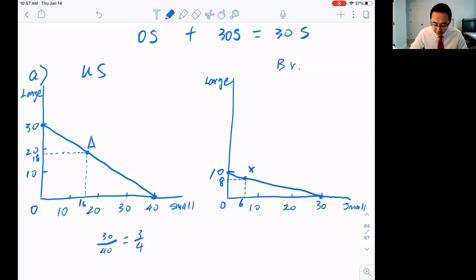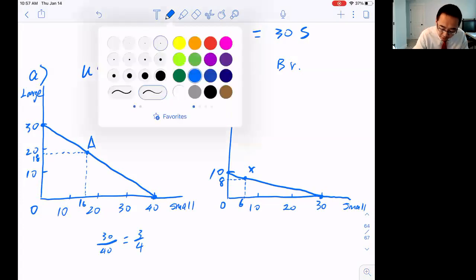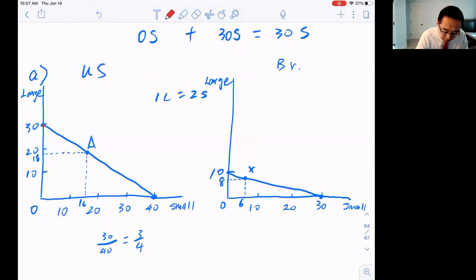Now we said the terms of trade is 1 large for 2 small, which is acceptable to both. So trade will happen once they decide to trade, and hopefully they're smart. They'll go to their specialized point where the US will produce at point B, and Brazil will produce at point Y, where we specialize, right? Again, everybody with me so far?